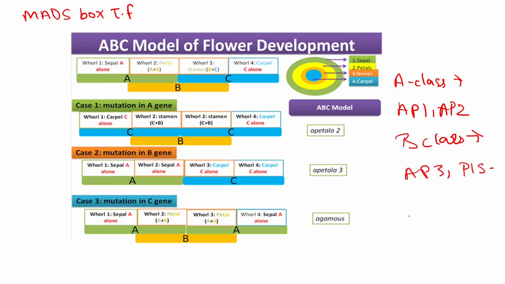And the C class of genes codes for Agamous, and others also, but just for example, Agamous.